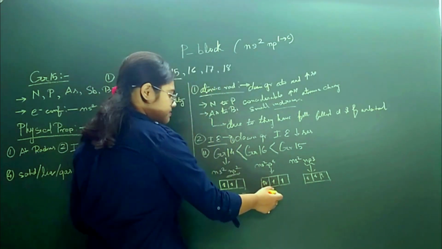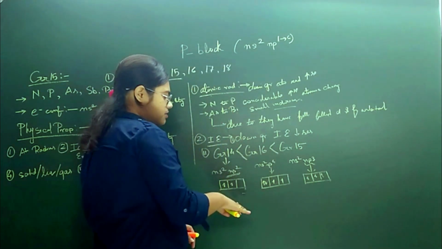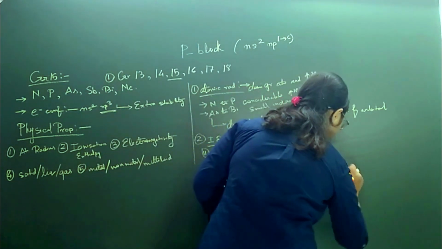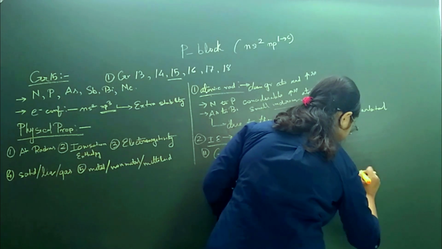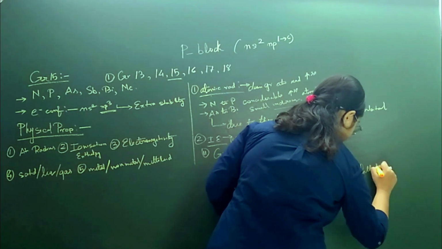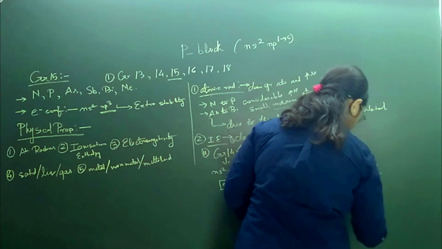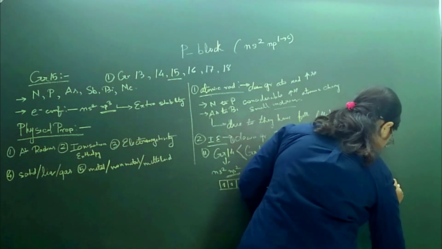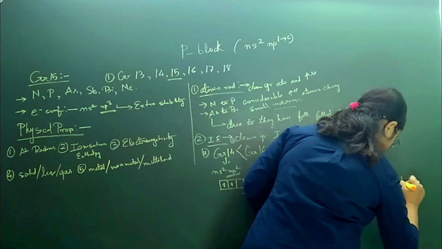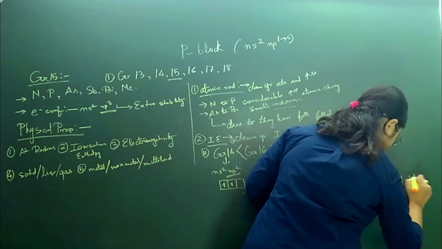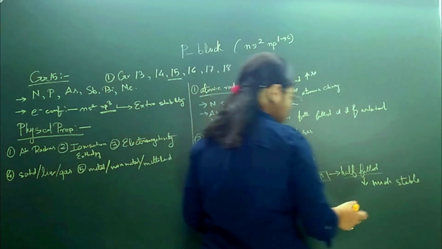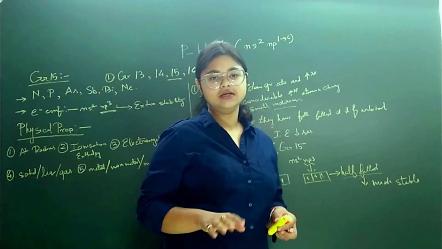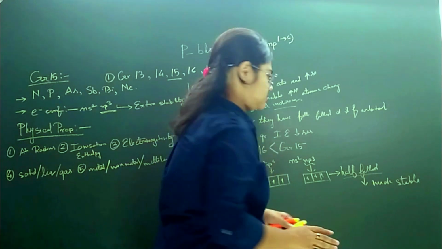The first two are unstable structures, that's why we can remove the electron easily. But this is the half-filled condition, so it is much more stable, and here the electron is not removed easily. It requires a large amount of energy.